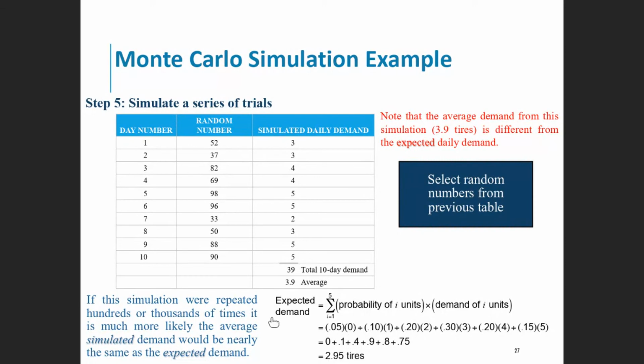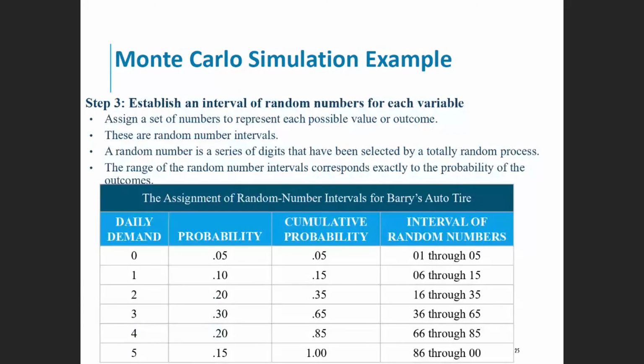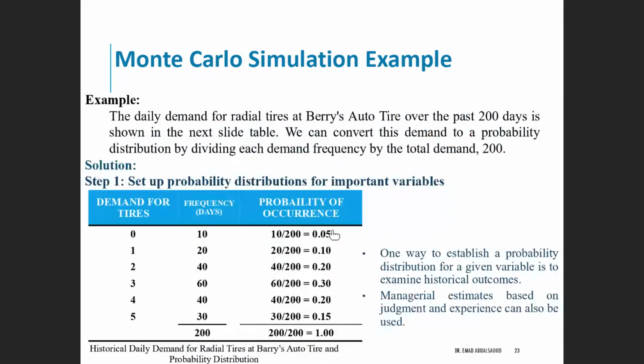How did we do this, the expected demand? We go back to the first table. So we multiply the demand here times the probability, and add them all up. We sum them all up.